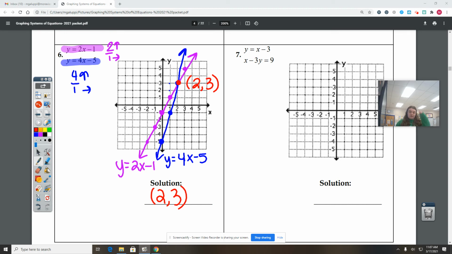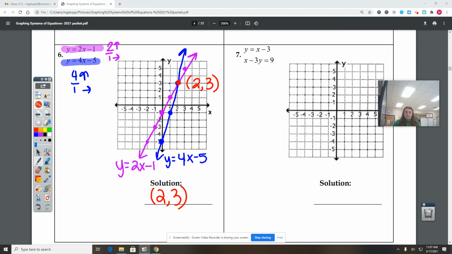For number 7, I will start this one with you, but then I will have you finish this one on your own. So remember, in order for us to graph a line, it needs to be in y equals mx plus b first. So it looks like we're going to have to rearrange that second equation before we graph any lines. So to get y alone, I have to move that x to the opposite side.